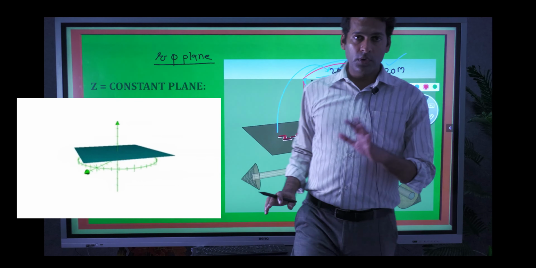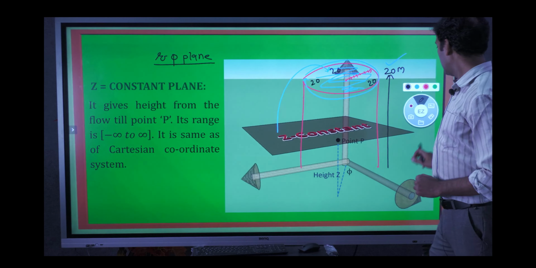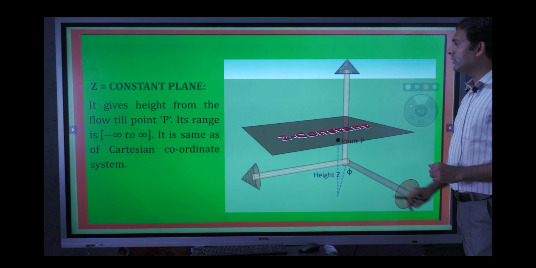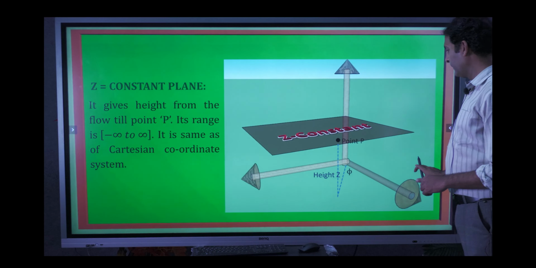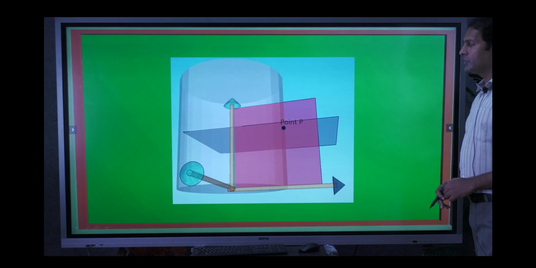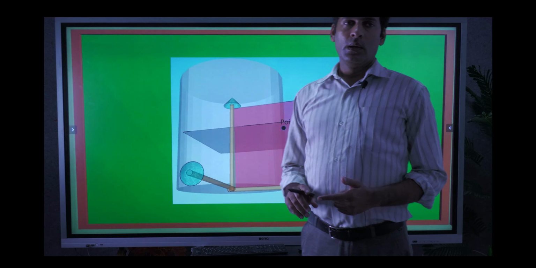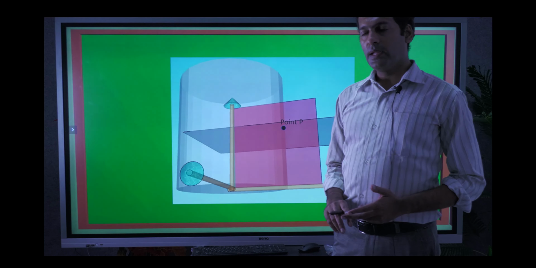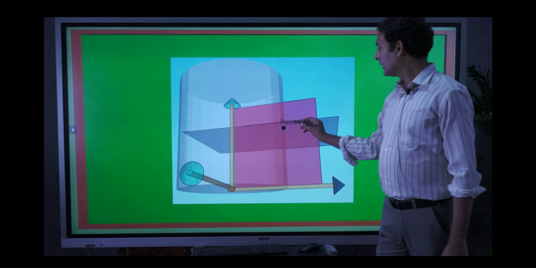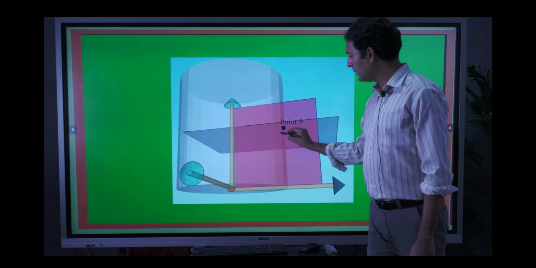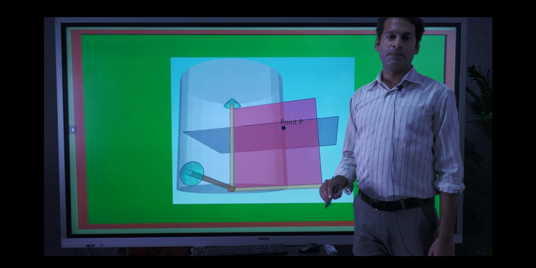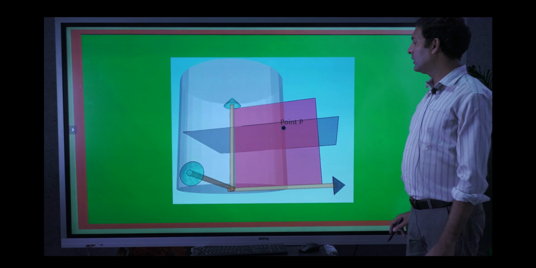Now what do we have to focus on? We have to focus on the mathematical expressions for these three constant planes, and we will compare them with the Cartesian coordinate system. So three planes, the r constant plane, phi constant plane and z constant plane, can be used to represent a given point P in cylindrical space.